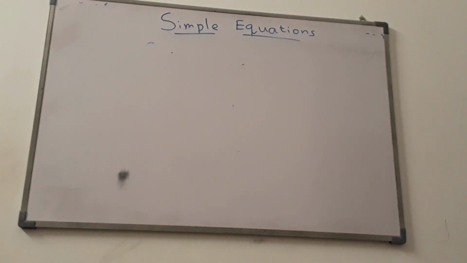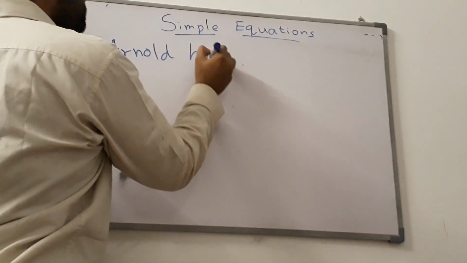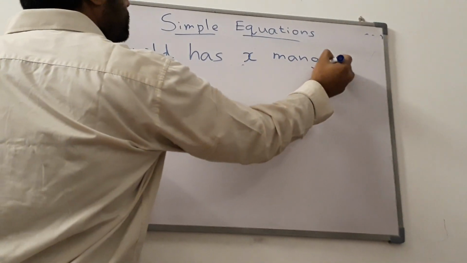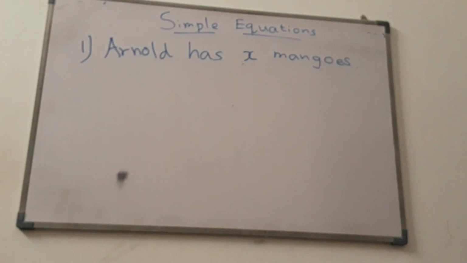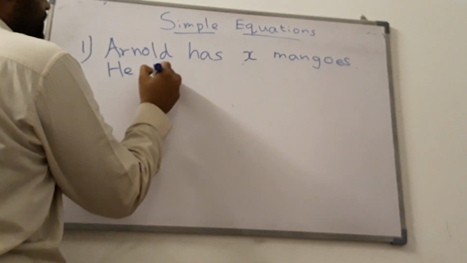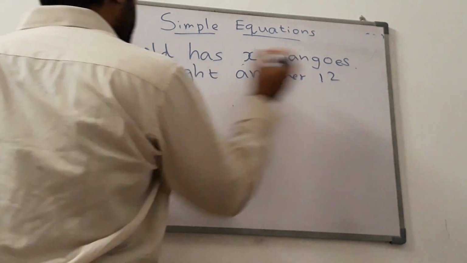Our first example. First example: Arnold has X mangoes. He bought another 12 mangoes.